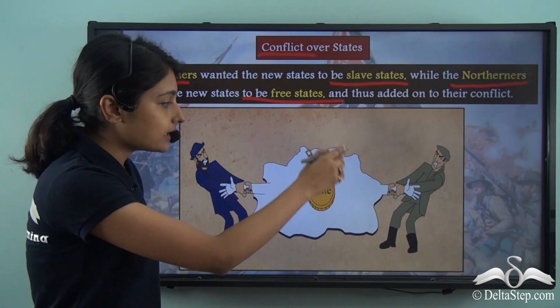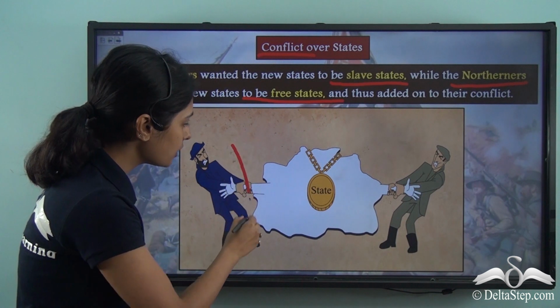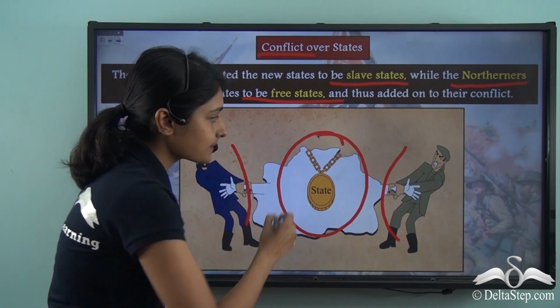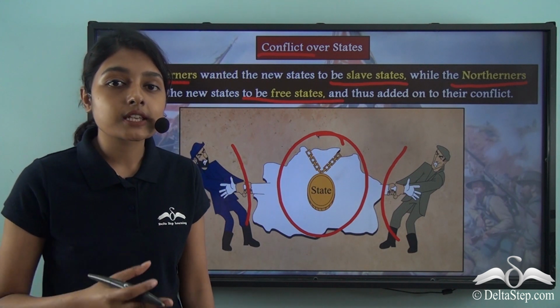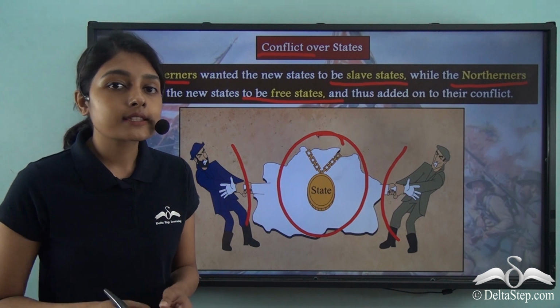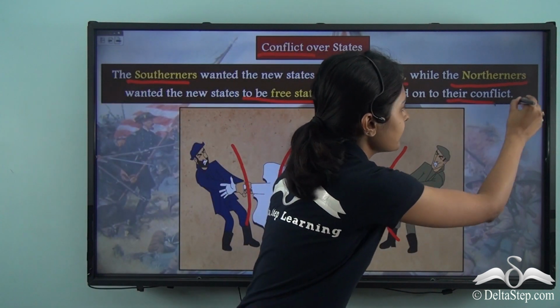Now this graphical illustration shows you how the northerners and the southerners were fighting over the states, that is whether these new states would become free states or slave states, and from this arose conflicts.